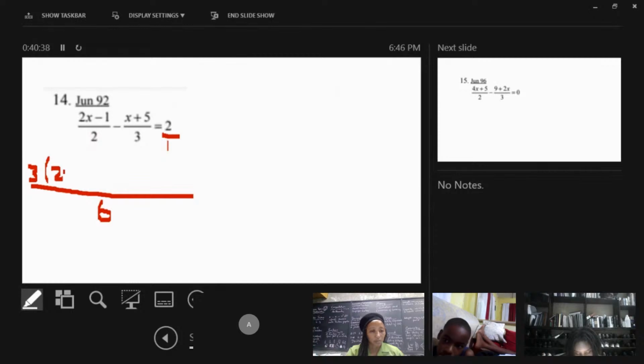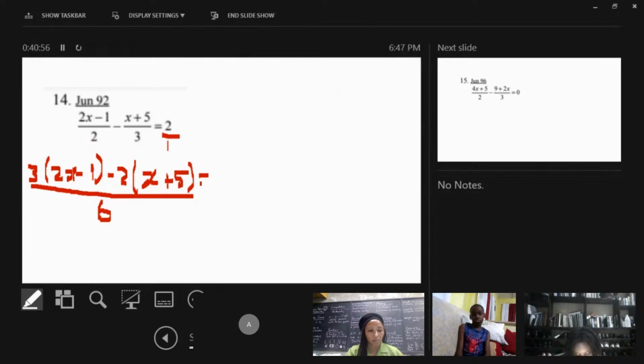We put it here. And 6 into 6 is 2, so we multiply the x and the plus 5 by 2. Is equal to, 1 into 6 is 6, and 2 times 6 is 12.